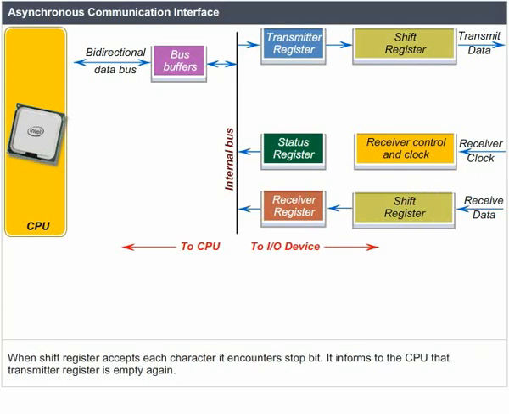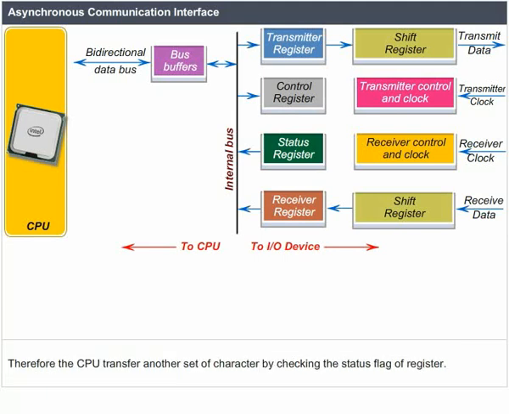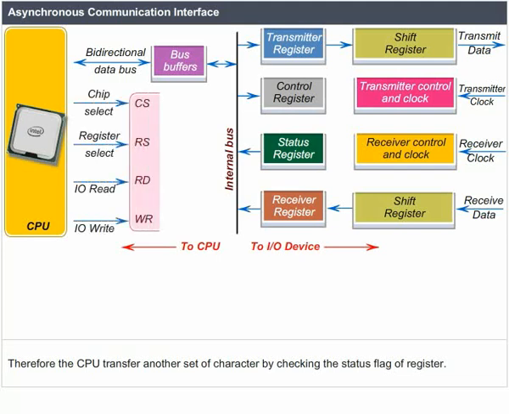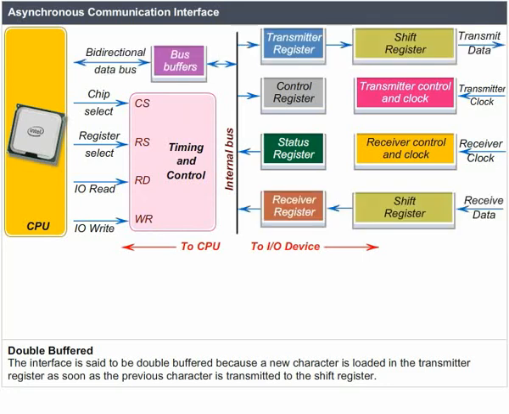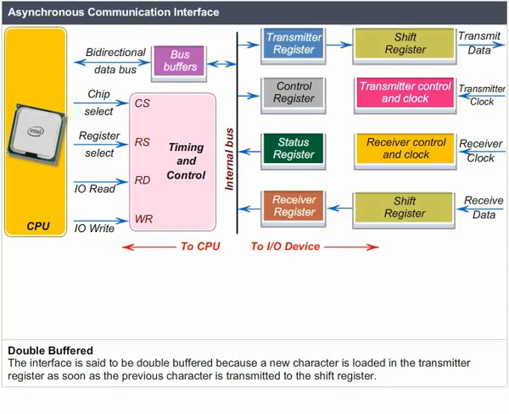When the shift register accepts each character, it encounters the stop bit. It informs the CPU that the transmitter register is empty again. Therefore, the CPU transfers another set of characters by checking the status flag of the register. Double buffered: the interface is said to be double buffered because a new character is loaded in the transmitter register as soon as the previous character is transmitted to the shift register.